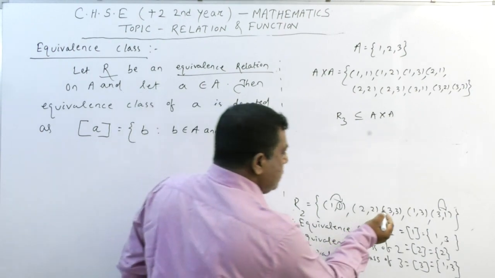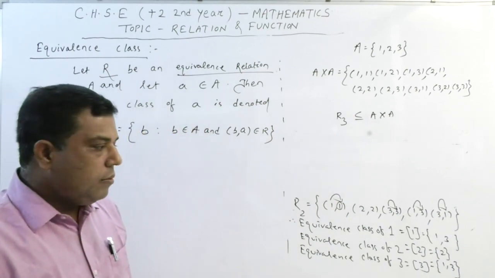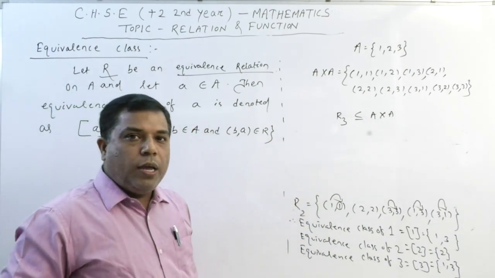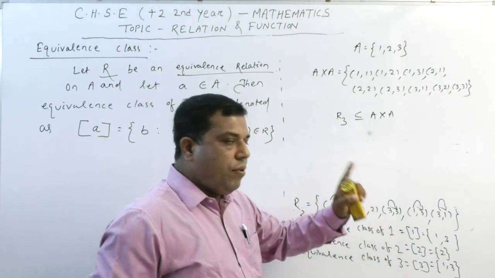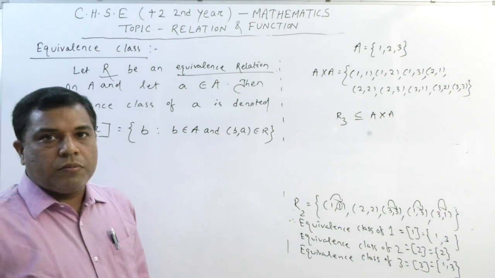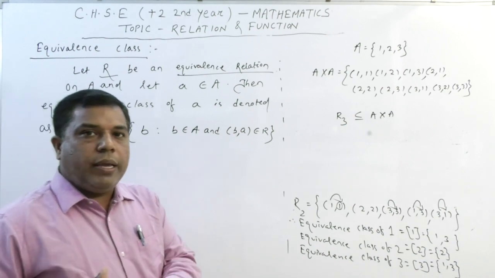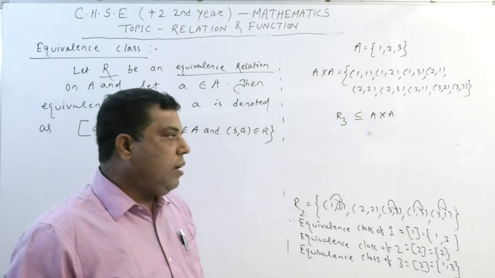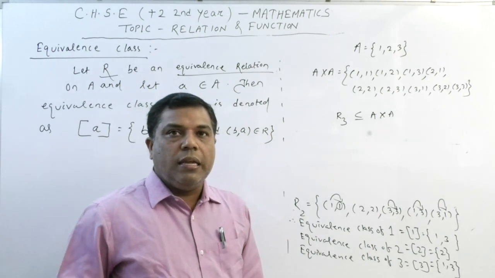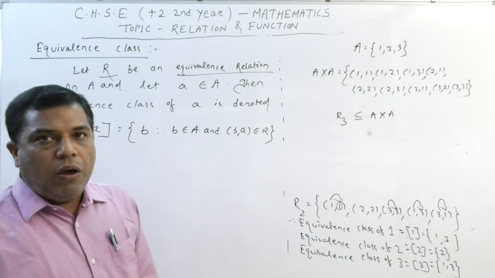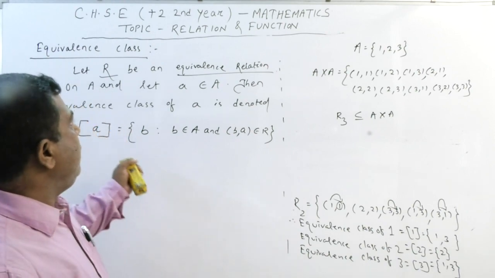Why? Because here 3 is related to 3 and 1 is related to 3. Yes or no? So in this way we are able to get the equivalence classes of each and every element. So every equivalence relation has equivalence classes, and you will proceed to find them. Clear? Now I am going to write some of the observations on equivalence class.